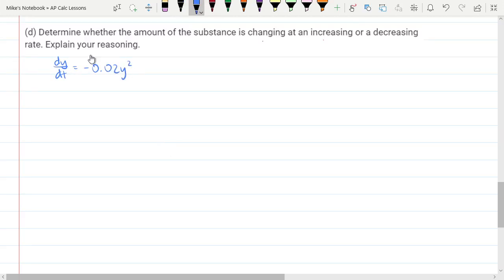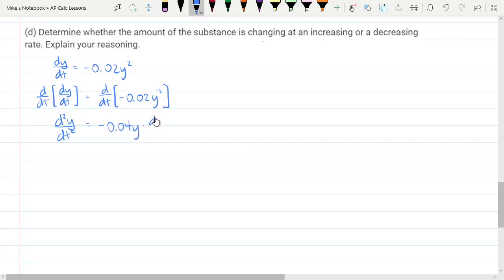So if I now want to find the derivative of that, then I'm taking the derivative with respect to t on both sides. All right, so the derivative of the derivative, that's going to give us the second derivative. Now the derivative of negative 0.02y squared with respect to t is going to be negative 0.04y times dy dt.